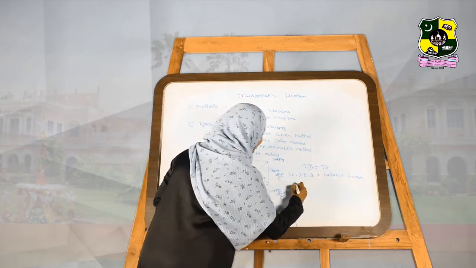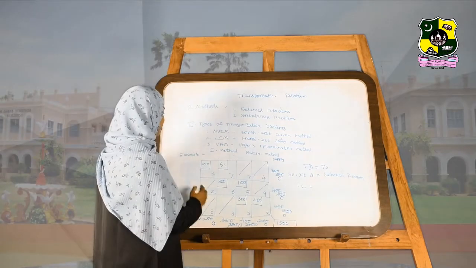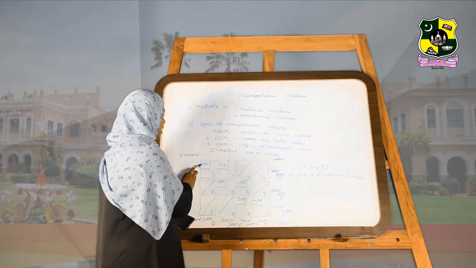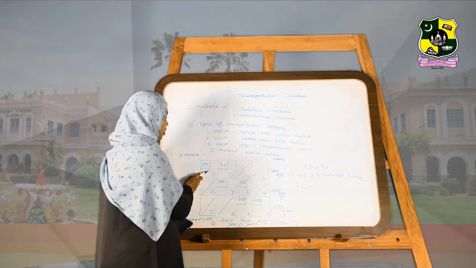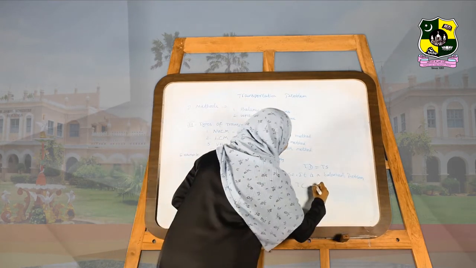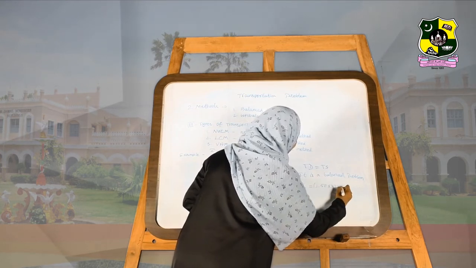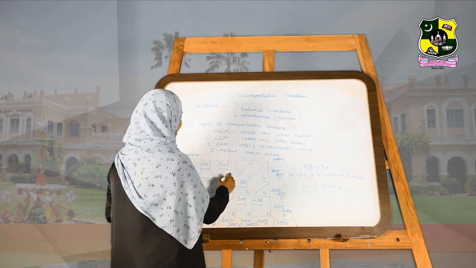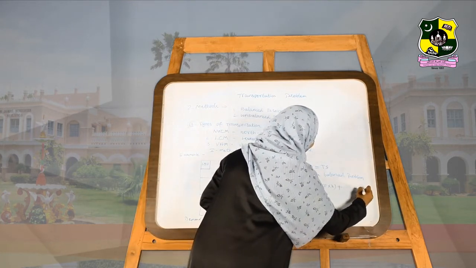Next step, find the transportation cost. To find the transportation cost, multiply the assigned values by the cost values. In the first cell, the assigned value is 250 and the cost is 3. Second, the assigned value is 50 and the cost is 7.